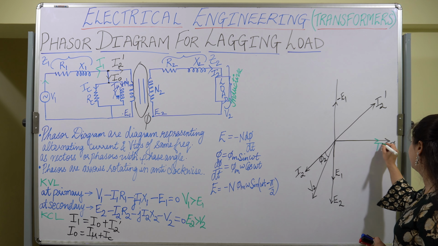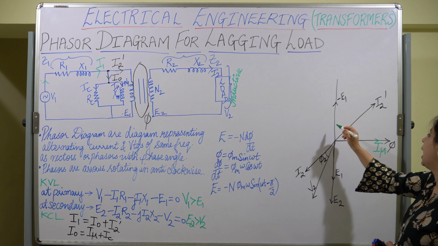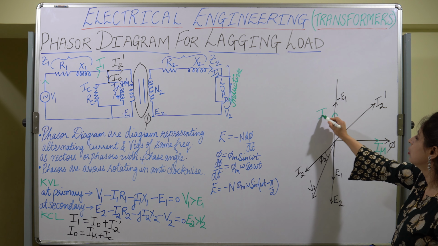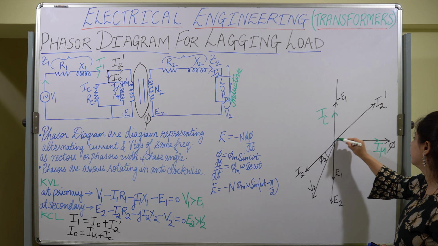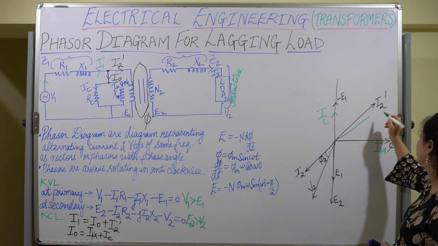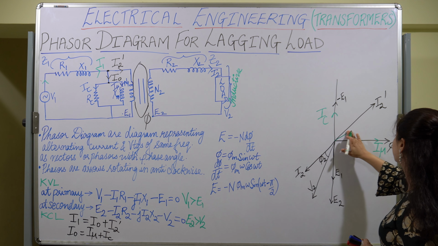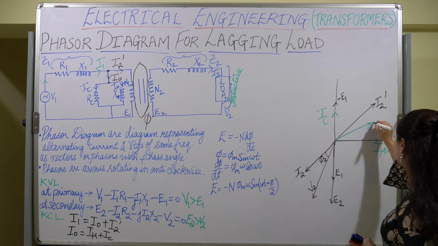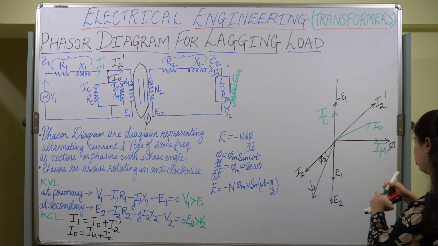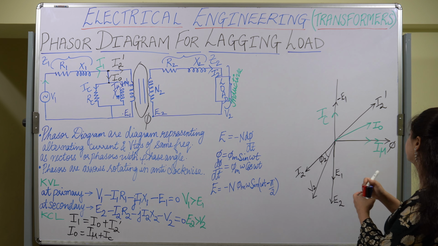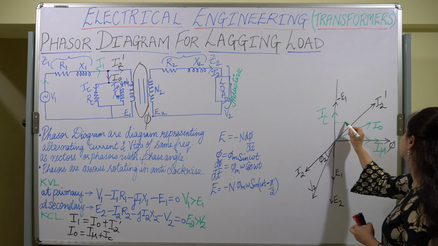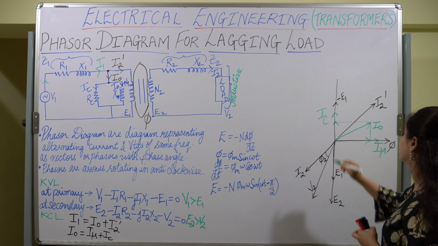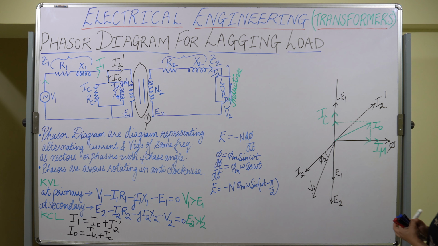So the magnetizing component will be drawn over here, I mu, and here will be the core loss component, and the resultant will be somewhere here. So it will be I naught.